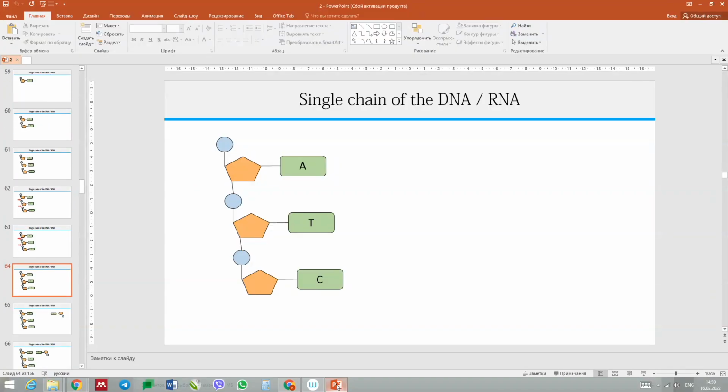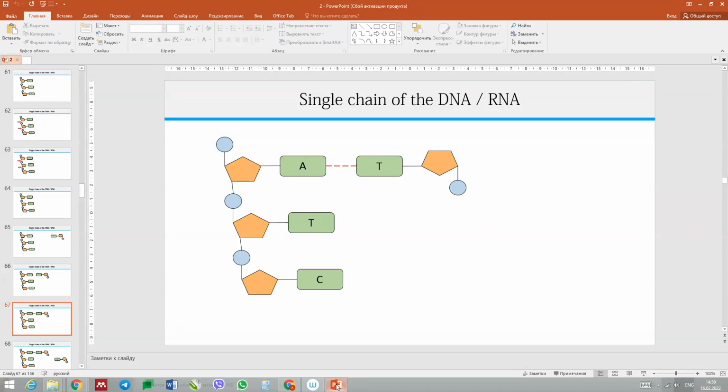For the second chain, we will need additional nucleotides. For example, this one, and then look what will happen. This nucleotide will come in close proximity to the first chain, and then a contact between the nitrogenous base of one nucleotide in one chain and the nitrogenous base that belongs to a nucleotide of another chain will be established. You see?